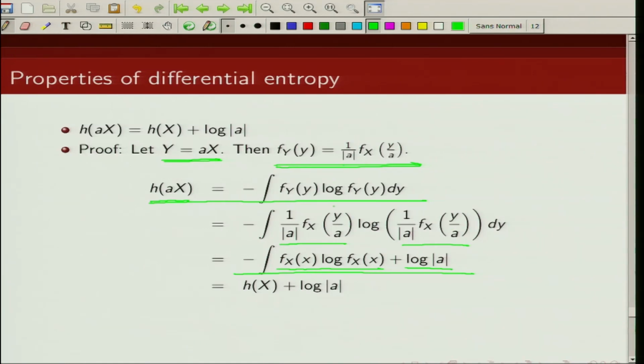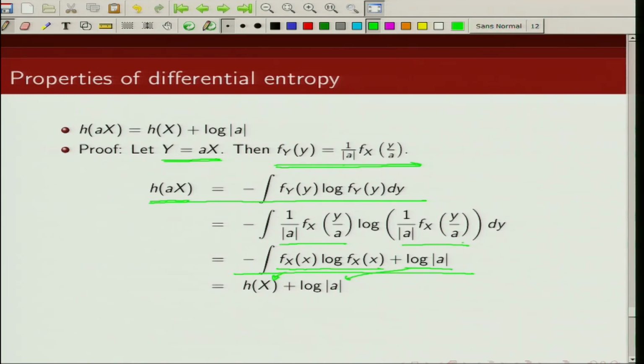and when you integrate it over the density function, the density function will become 1. So you get log of a, since the integration of the density function gives you 1. The next term that you get is f of x log of f of x, which is nothing but the differential entropy of x.